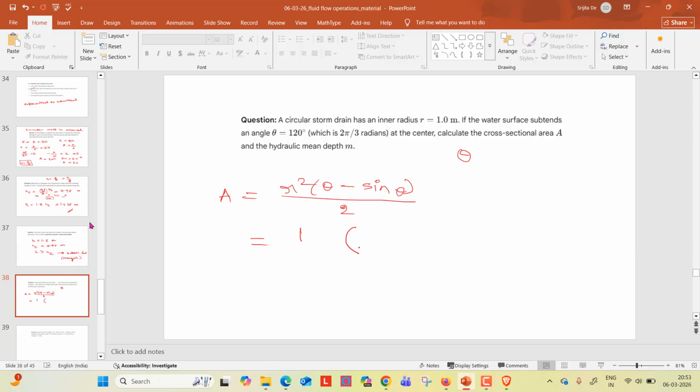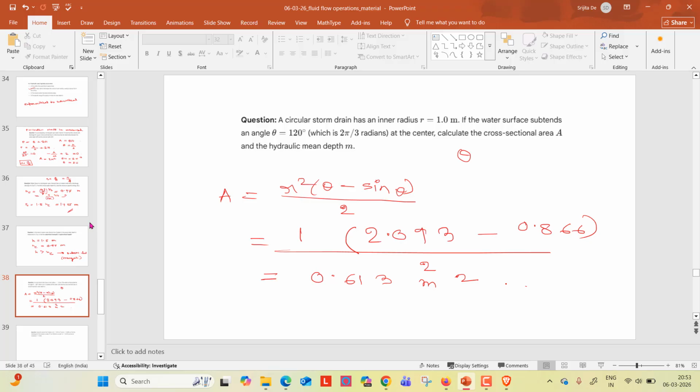So it is 2.093 radian minus sine 120, that is 0.866, by 2. So it is coming as 0.613. Area is 0.613 meter square.